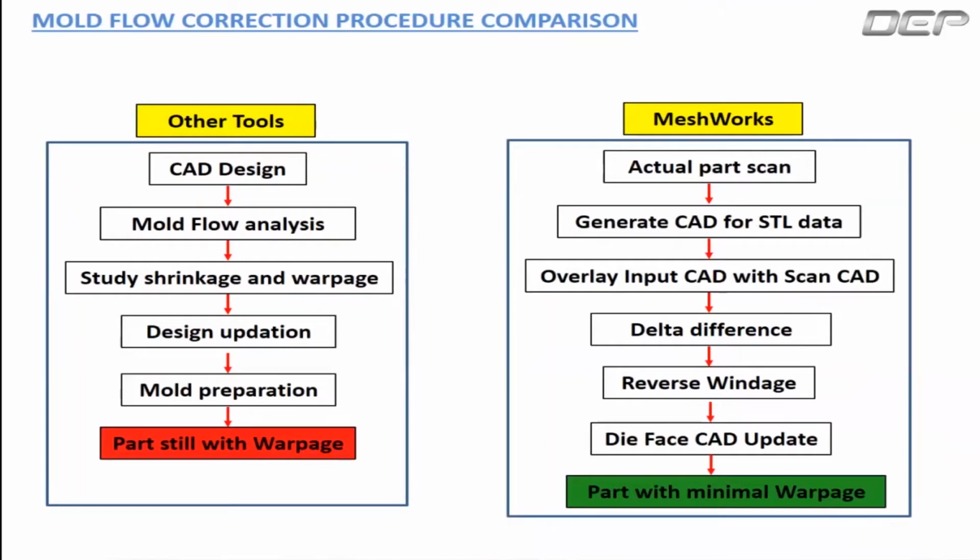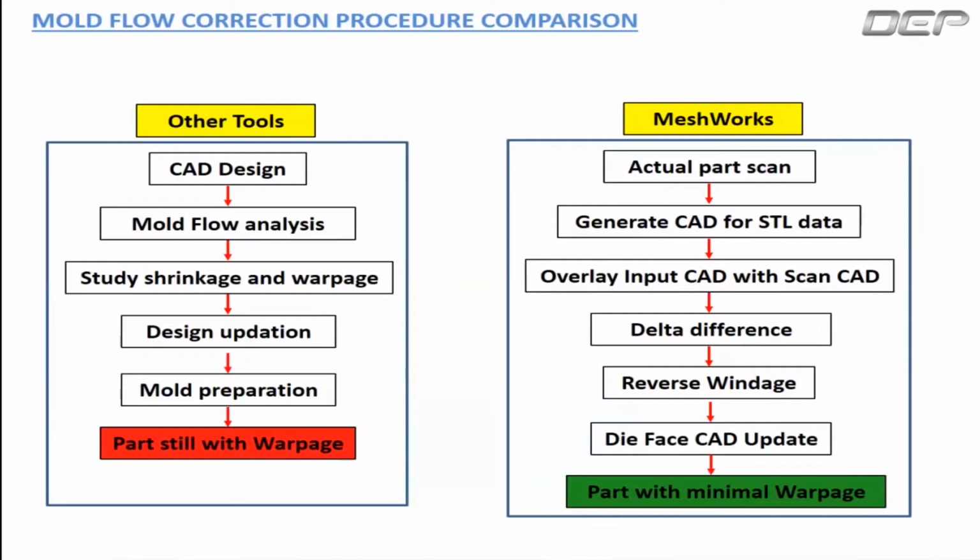However, with MeshWorks, we can take the prototype, scan the part, and generate a CAD from the STL scan data. We can overlay the nominal CAD and the scan CAD and identify the delta difference.